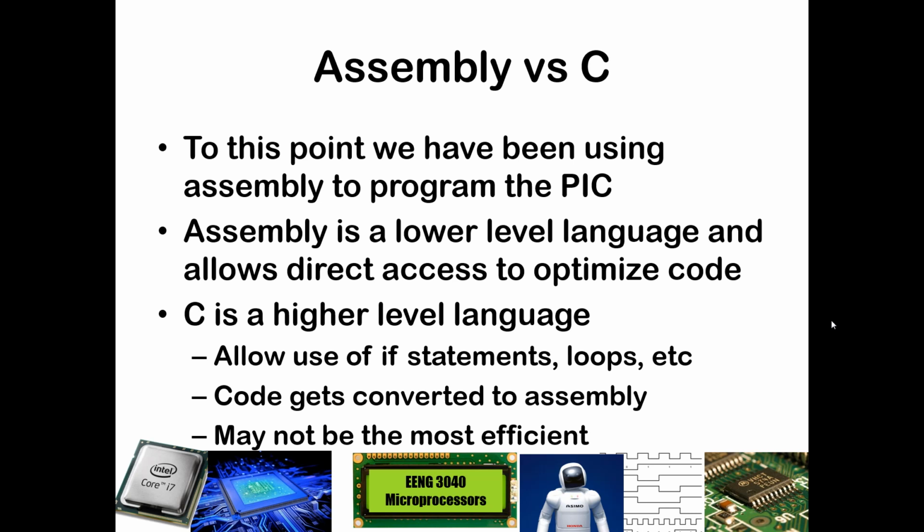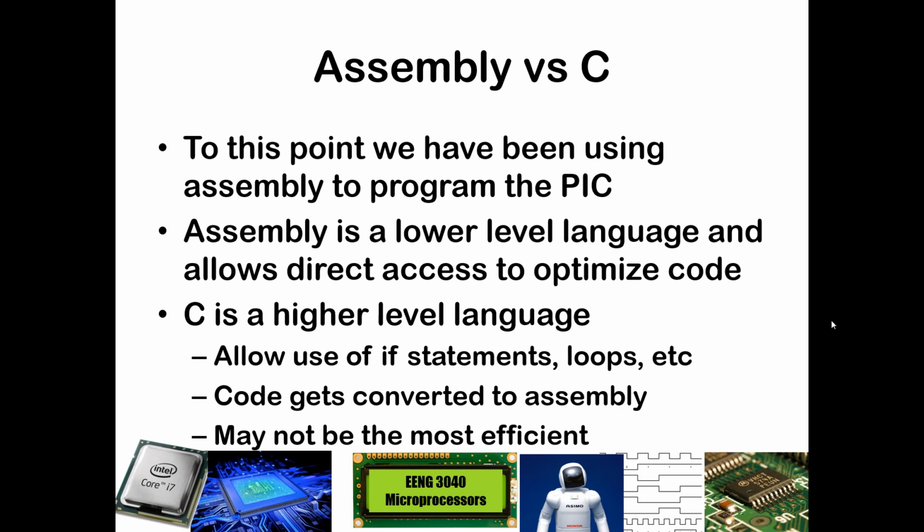If you just use their free version, they will convert your C code into usable code, but it may not be the most efficient code. So you may need to try to optimize your code a little bit better. You may actually be able to get more optimal code writing it in assembly rather than writing it directly in C. So that is an important consideration as you think about writing C.